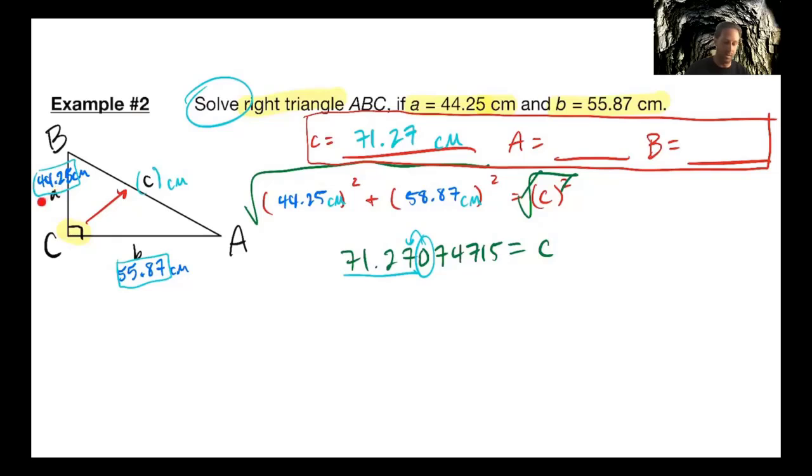Remember, we like to use the given sides rather than the one that we found, just in case we made a mistake. We can at least get this correct. And since we know from this the side opposite and the side that's adjacent to this, I know that I should be using tangent for that angle A to get the opposite over the adjacent.